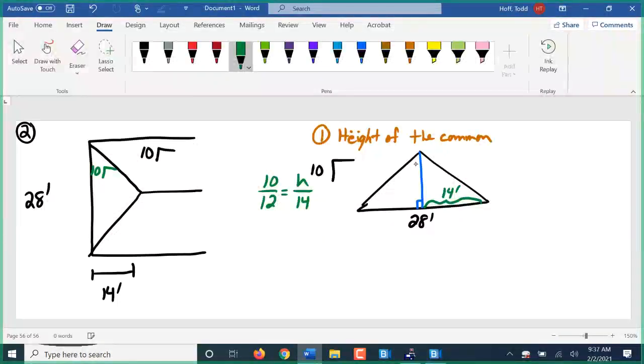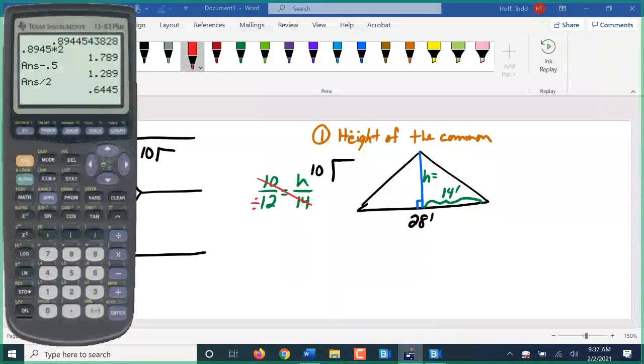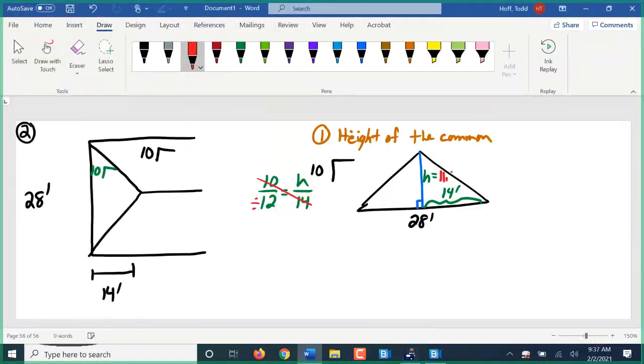H is our height. Cross multiply and divide, we've got 10 times 14 divided by 12. Gives 11.667 feet is our height. And now we need to find, for step 2, the length of our common.